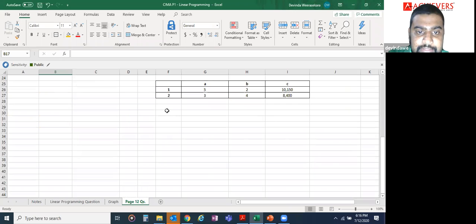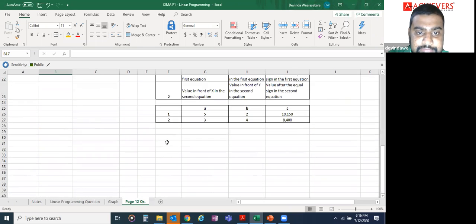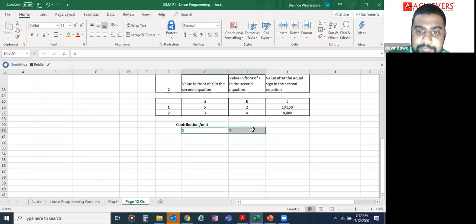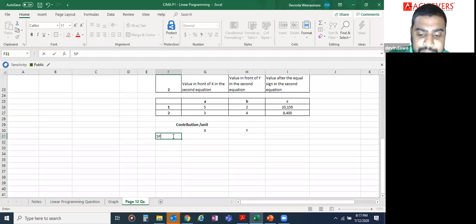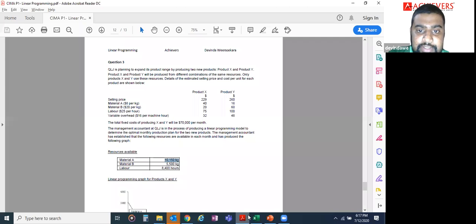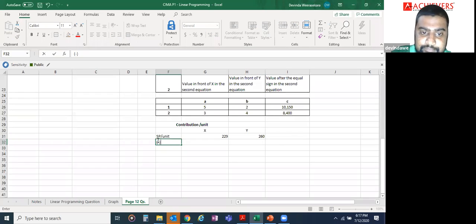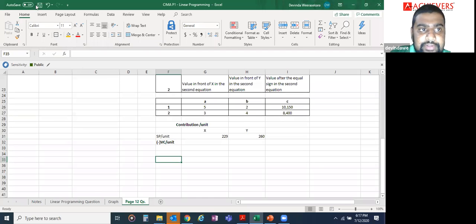So let's quickly calculate the contribution per unit of X. We have product X, product Y. Selling price per unit: X is 229, Y is 260. Minus variable cost per unit.